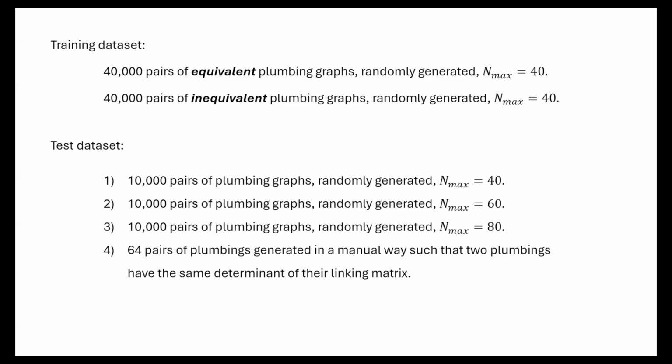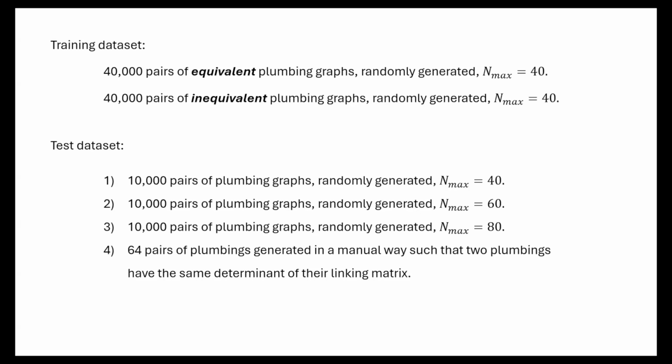And then we go back to the original plumbing graph, and again randomly apply the Neumann moves 40 times. Then we get two different plumbing graph representations, but they are essentially the same because they come from the same prime three-manifold. And for inequivalent pairs, we generate two random plumbing graphs and then apply the Neumann moves up to 40 times.